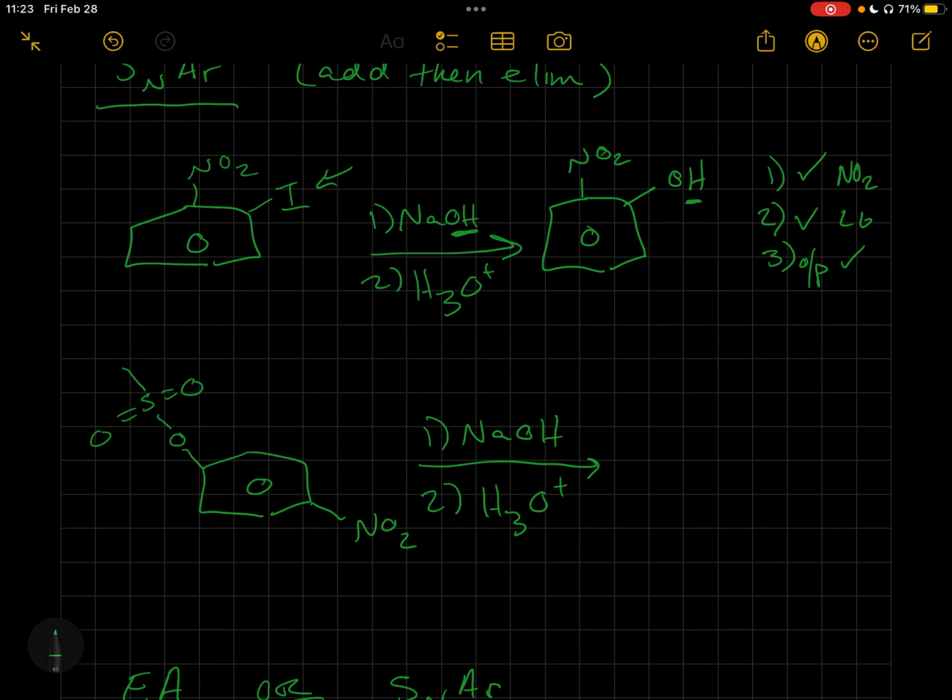And this OH is protic. It will come off under basic conditions. And of course, sodium hydroxide, the reagent, the nucleophile that we're using, is a strong base. So in fact, what we will make initially will look like this: a deprotonated form of that phenol, and that's why we use an acidic workup, so that we are able to protonate the alkoxide that we're making.